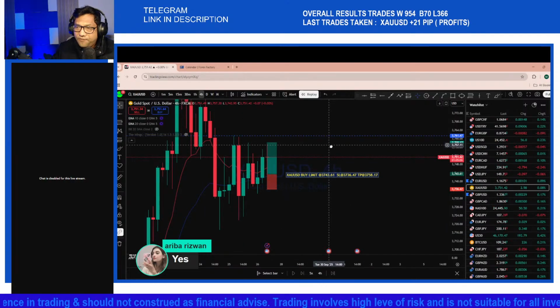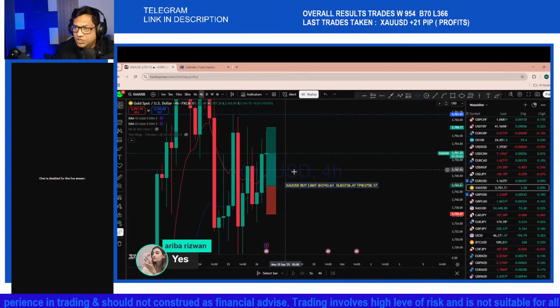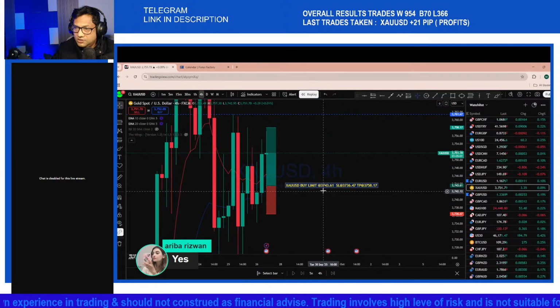You're looking at the 4-hour price here. Again, we see there is a doji.